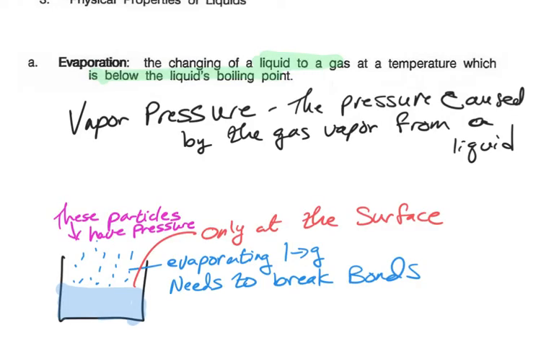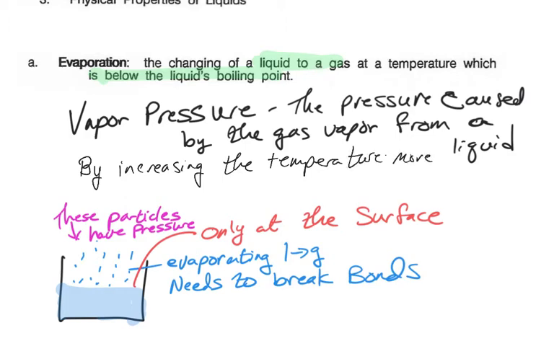Sorry. What we're really looking for in this case is what can make more of the gas? So how can I make more gas? Okay? And that is going to happen by increasing the temperature, so more particles can escape and turn into gas.